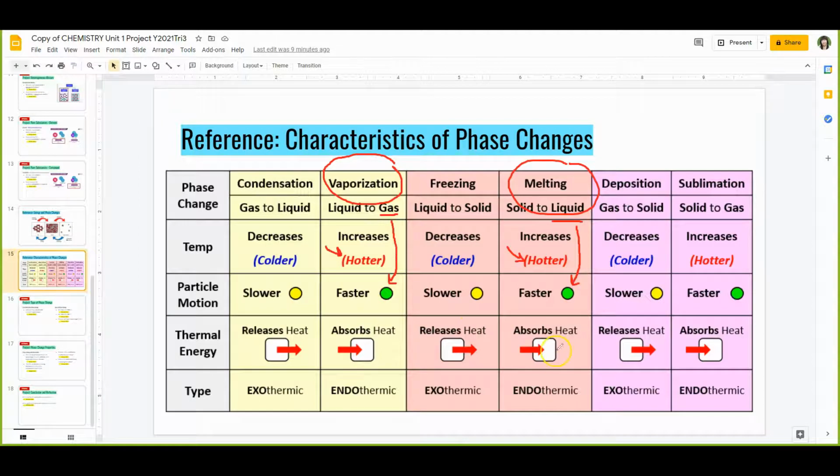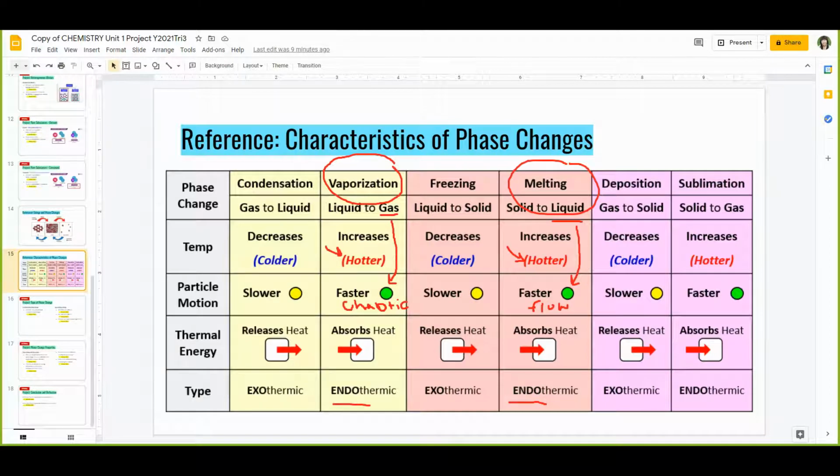Liquids are not as chaotic as a gas, but they're moving more than a solid. Liquids can flow, gases are chaotic. For all of this to happen, they must have absorbed heat, or thermal energy. Thermal energy is going into it, and therefore these are endothermic processes. So vaporization and melting are both endothermic processes.